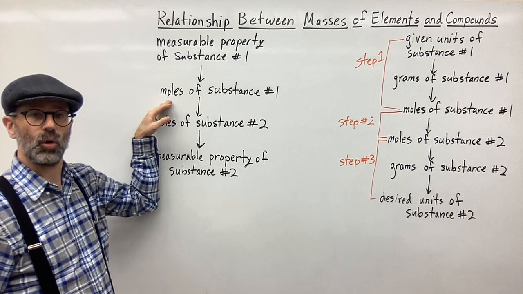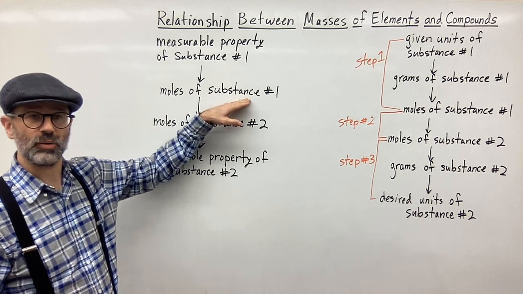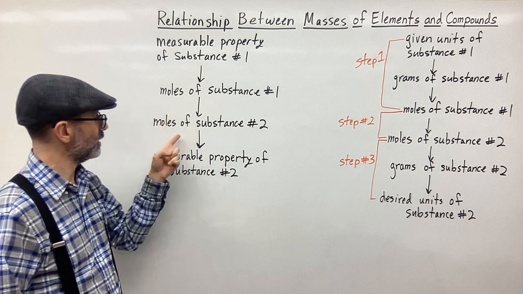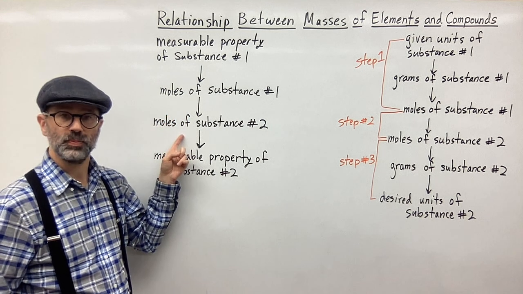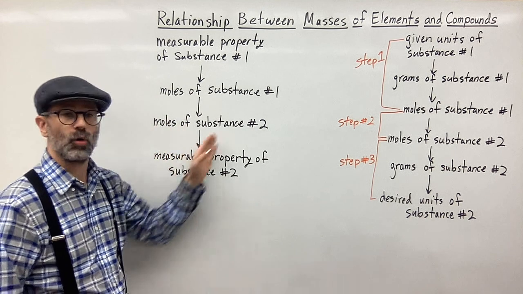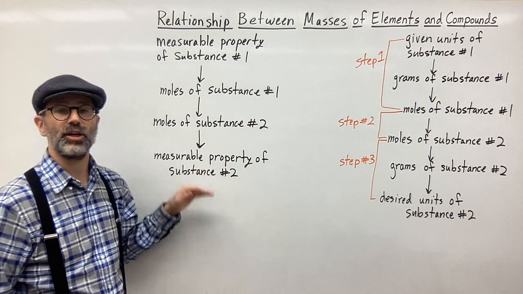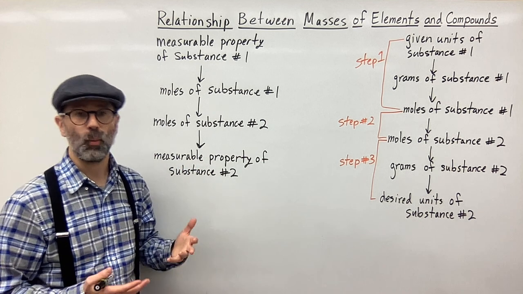Once you have moles of substance number 1 that you are starting with, you can now convert that to moles of substance number 2. And then step 3, once you've got moles of substance number 2, you're going to convert that to some other measurable property that the problem wants.